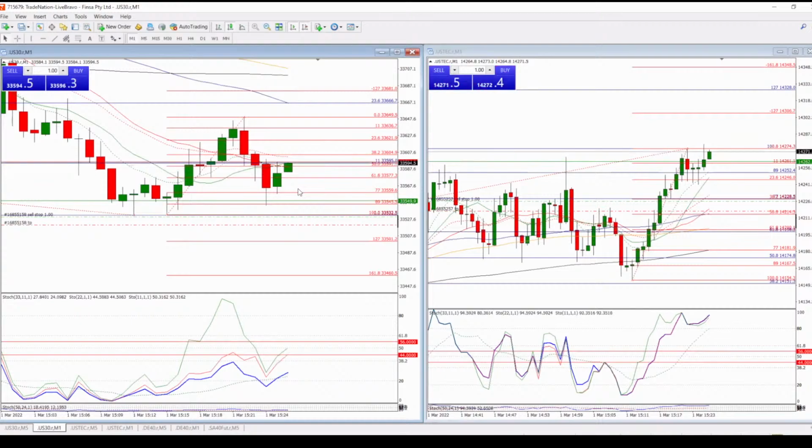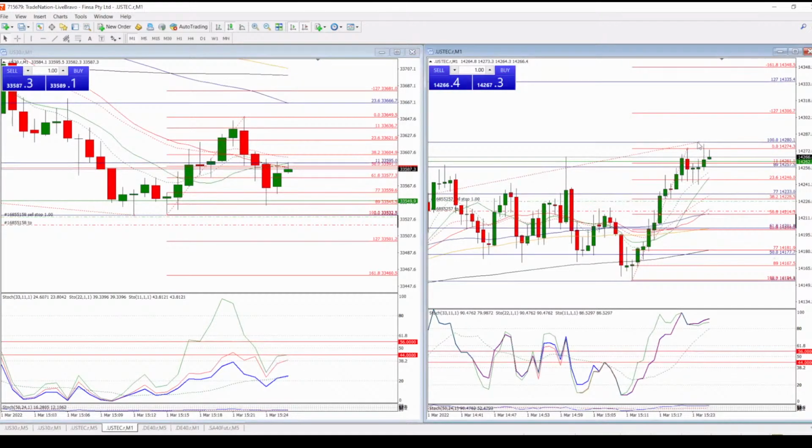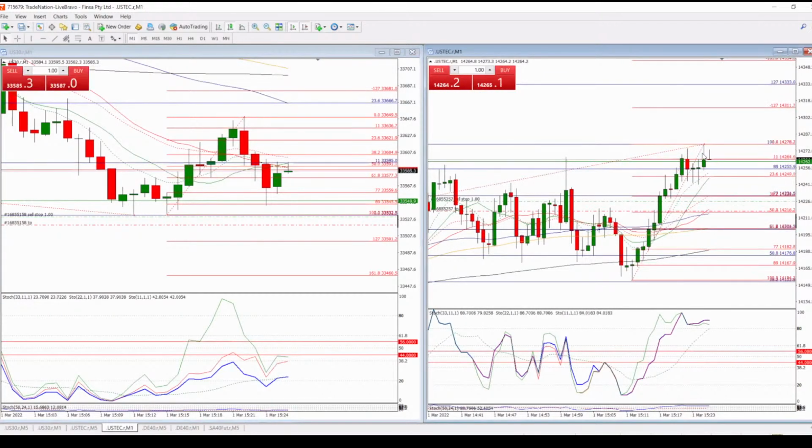Watching the gas 50, I'll definitely take that, aiming for that 50 moving average. Currently still above the 61.8 of opening on US Tech.